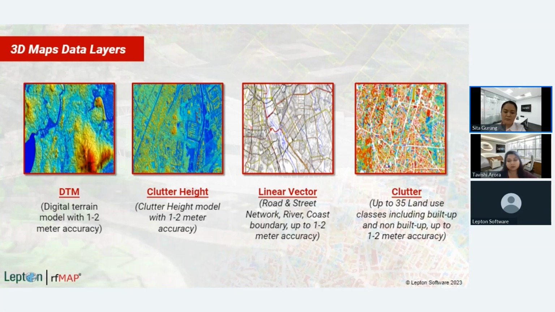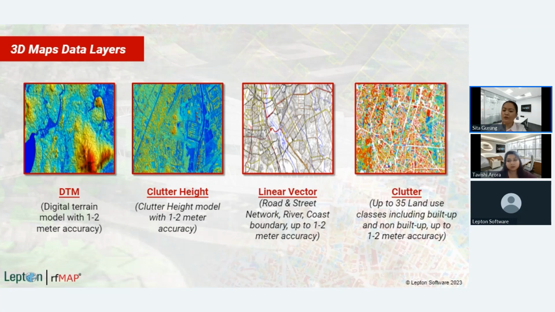And the very last layer that is available in 3D map is clutter. So clutter is very basic data requirement for RF planners. Clutter, or you can also call it land use, land cover data set, which will give you the information about various settlement patterns like dense urban, medium urban, low urban, or even the land cover features as well, like water bodies, rivers, forest, dense forest, medium forest, or let's say open area or park.